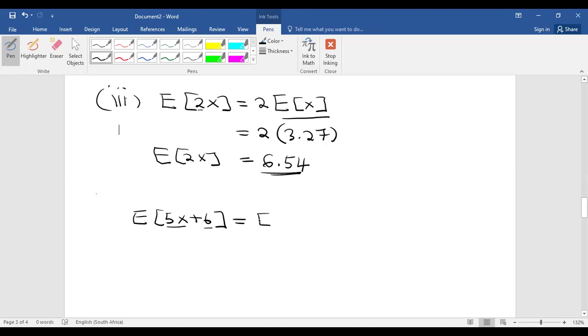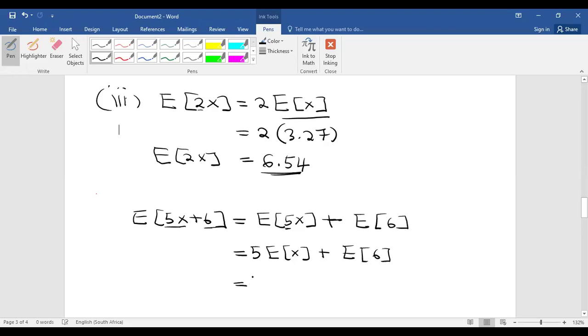We have expected value of 5x plus expected value of 6. Now remember, this 5 is attached to x, so you can bring it out. So have 5 times expected value of x, plus expected value of 6.